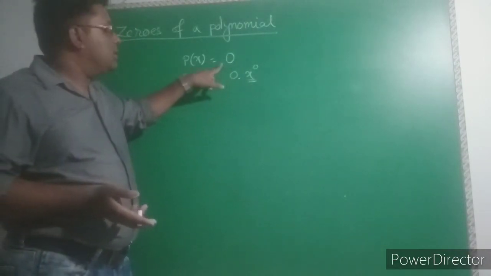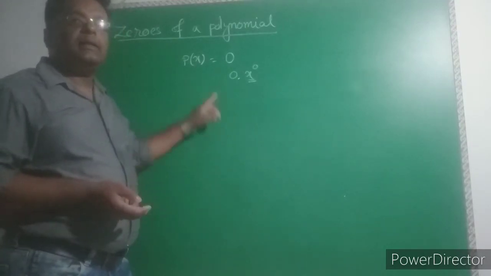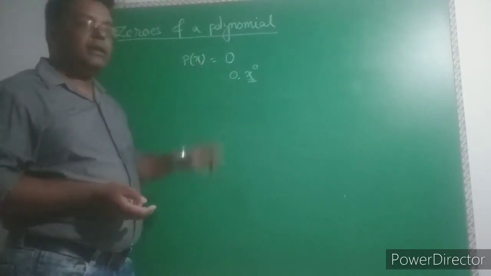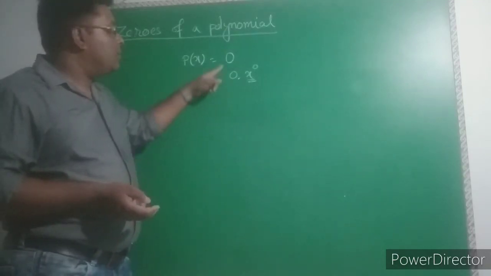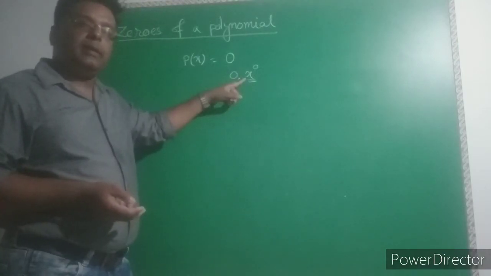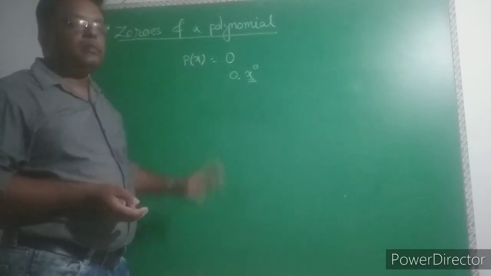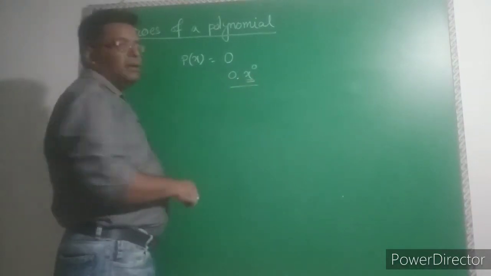That is, every real number is a zero of the zero polynomial. Remember it. For any real number you put, you get p(x) equal to 0.